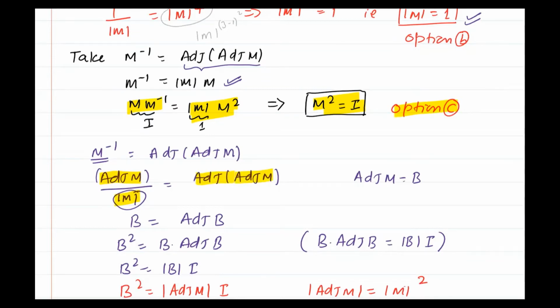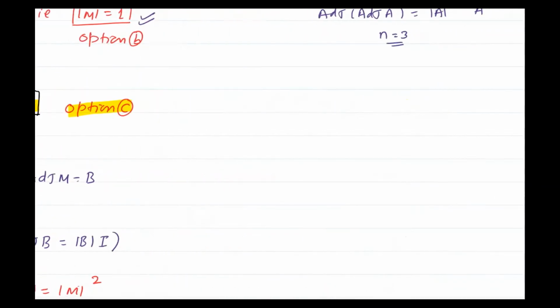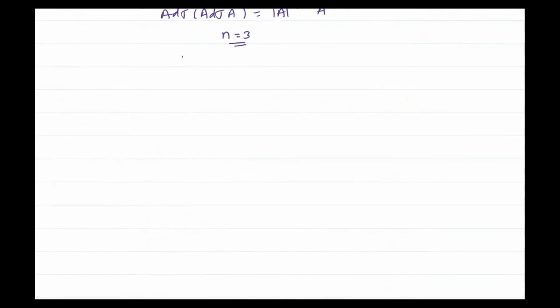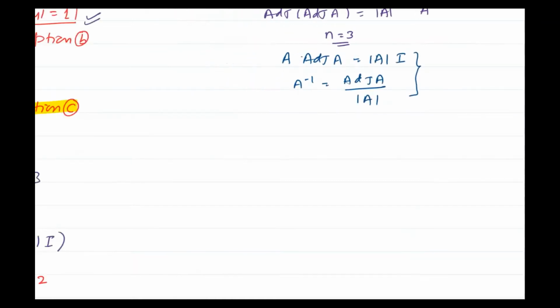And now we have to use one more important formula, and the formula is A into adjoint of A equal to determinant of A into identity matrix. And we also know that A inverse equal to adjoint of A divided by determinant of A. So we are using these two formulas.